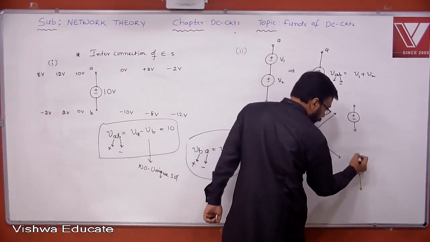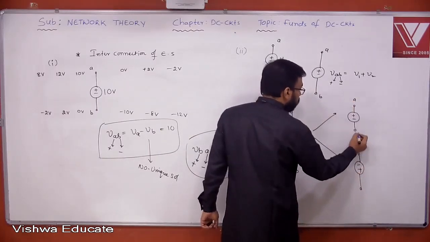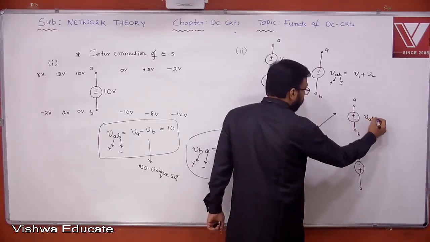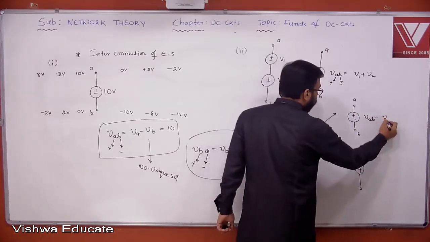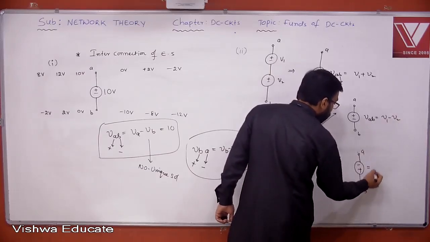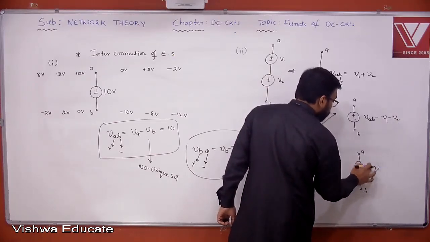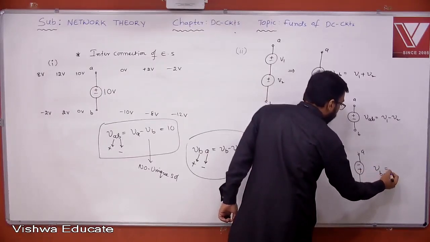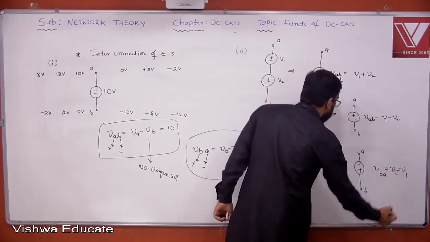This is A, this is B. That means A is positive, B is negative. Then the voltage will be VAB, which is V1 minus V2. Here, B is positive and A is negative. I can call it VBA. Then it is V2 minus V1.